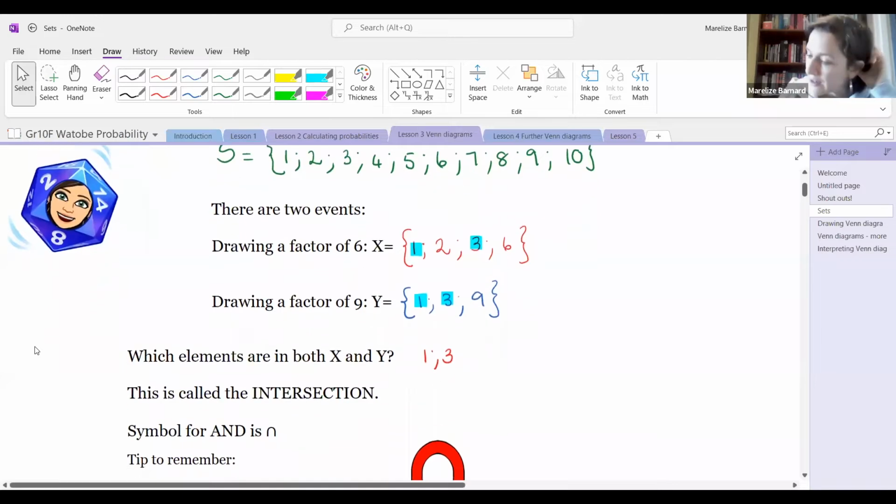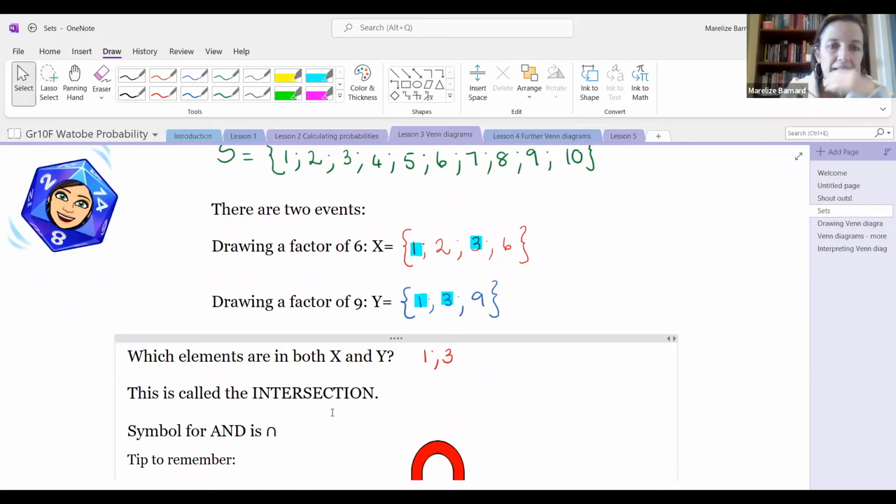So the intersection occurs in both of those events, so in X and in Y, and the intersection is 1 and 3. Okay, Ms. Coco, could you help Milani, please, just with the elements? Okay, this is called the intersection.